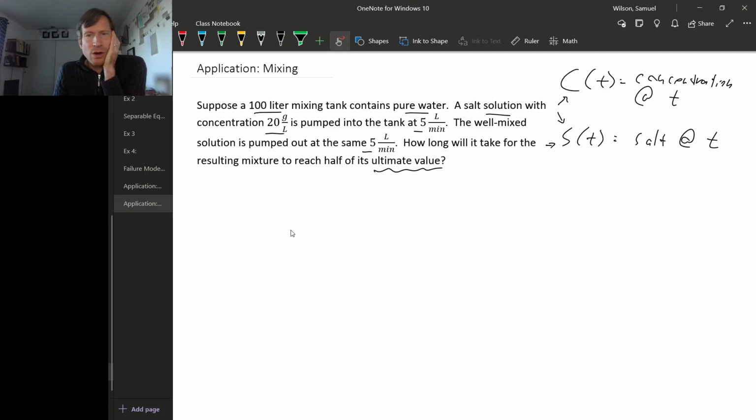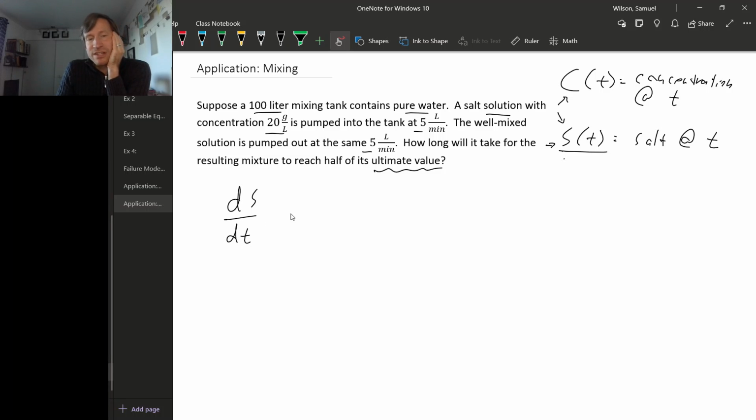So we know how the amount of salt is changing because we know how we're pumping fluid in, and we know how we're pumping fluid out. And that's what causes the change in the amount of salt. So probably what we should think about is not the function S of t directly, but instead we should think about its rate of change.